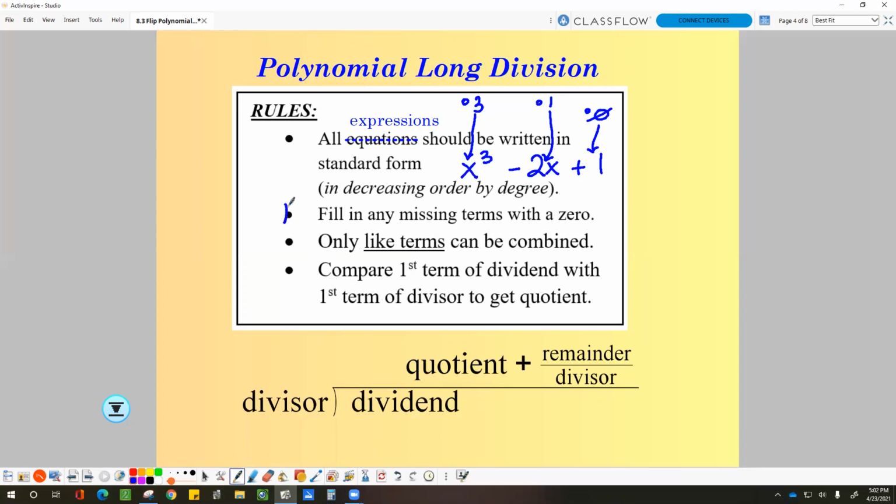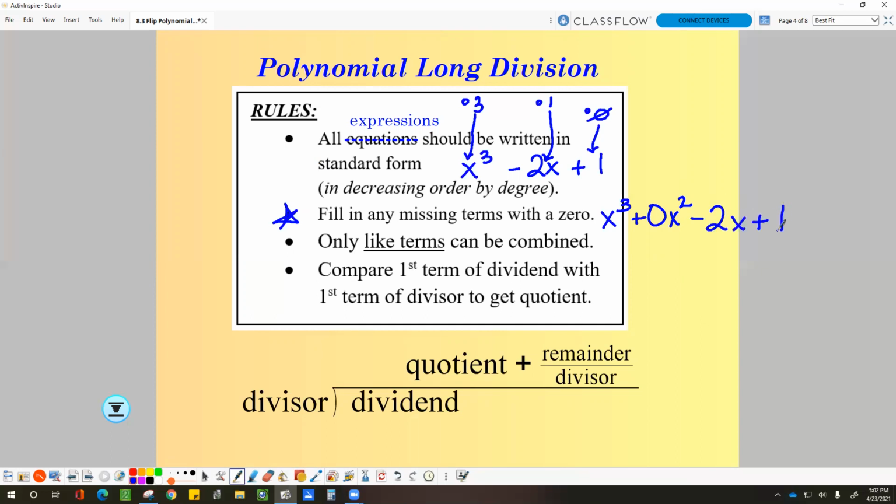So I do have a rule also. If I'm missing any terms, so I'm missing degree 2, I fill that in with a 0. So I will rewrite this polynomial before I do division. I would write x to the third plus 0x squared, because I don't have a degree 2 up here, minus 2x plus 1.